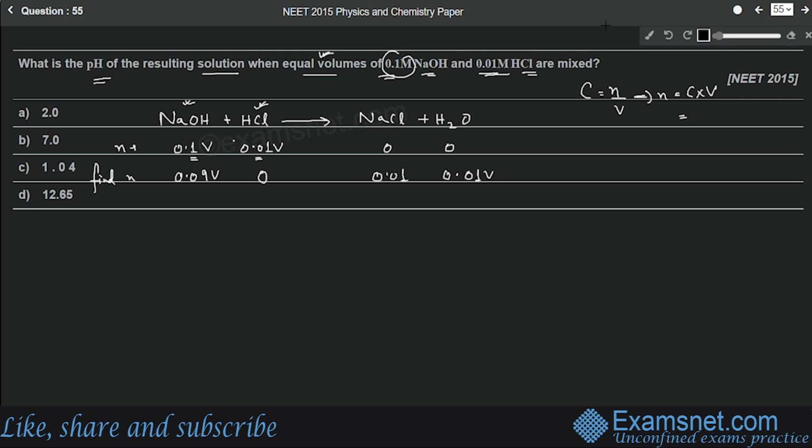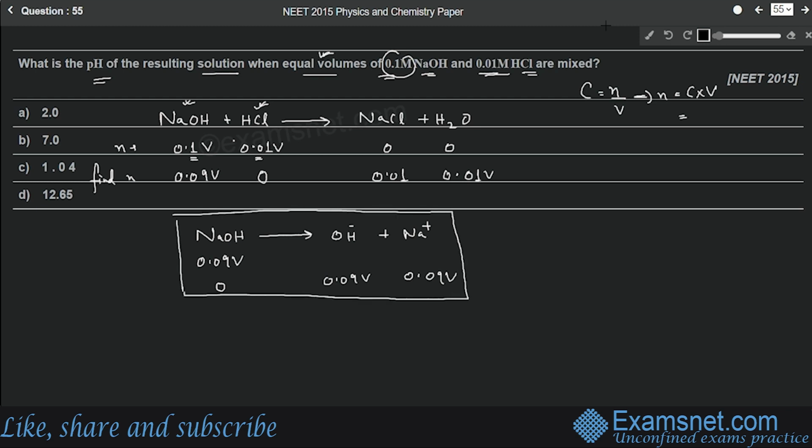Got it? Now this NaOH that is left unreacted, that is 0.09 V, will dissociate into OH minus and Na plus, right? So after the reaction, it will be 0 and the number of moles of OH minus and Na plus will be 0.09 V each. Got it?